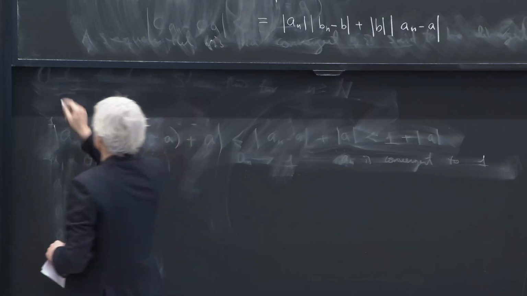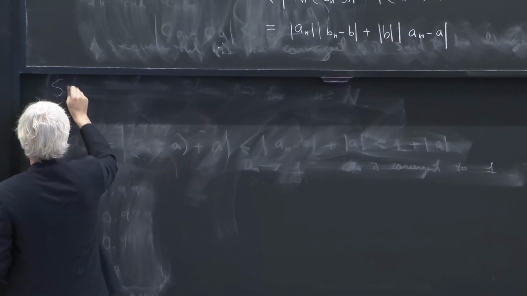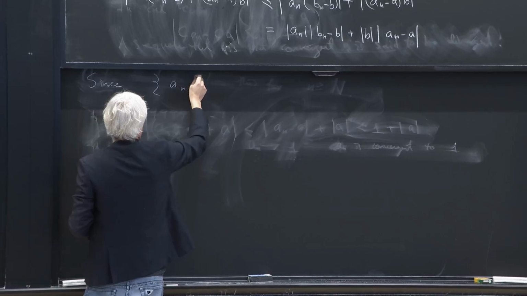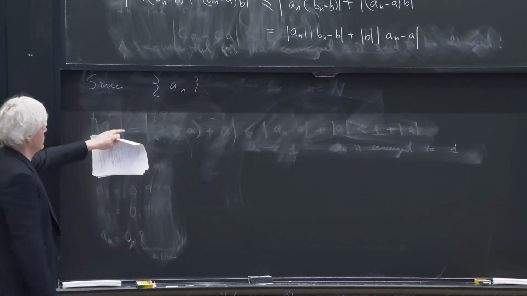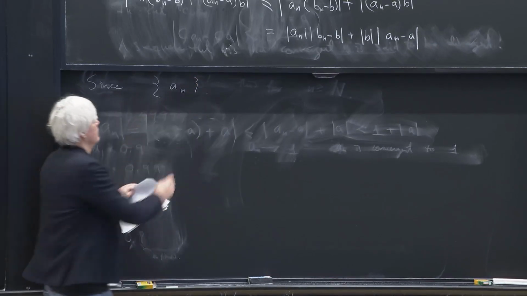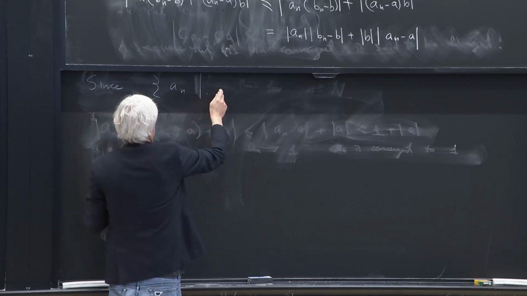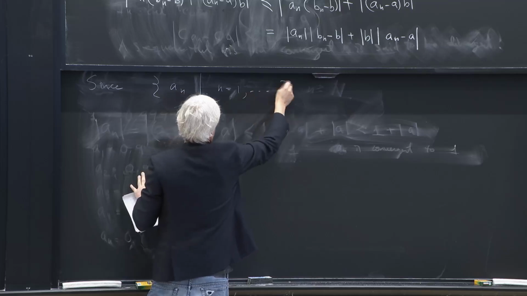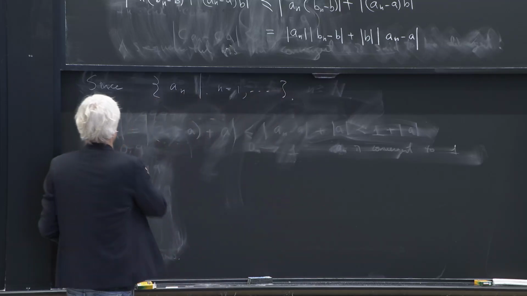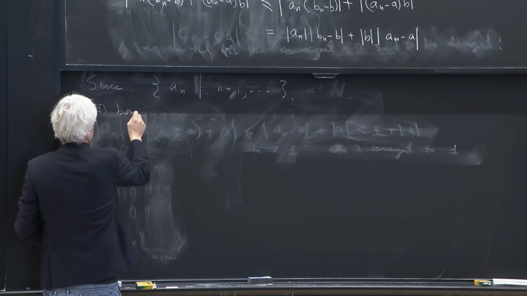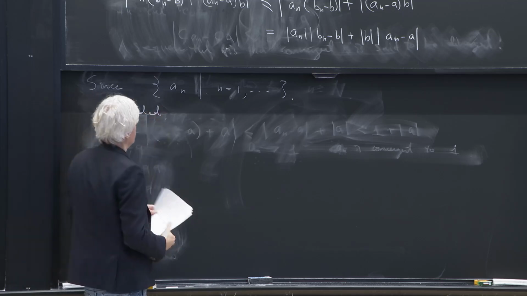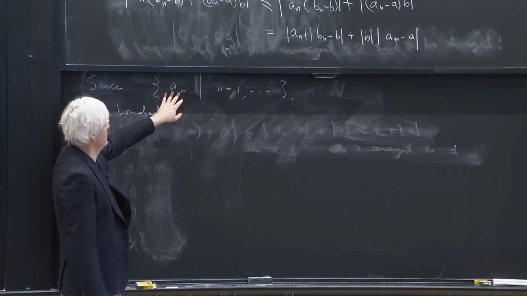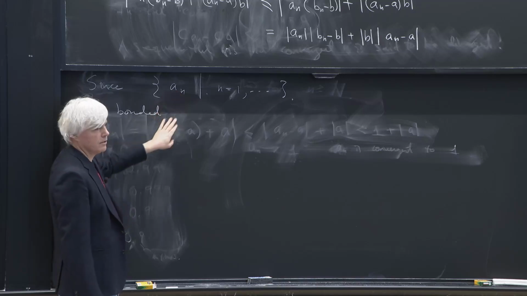Since this set of values is bounded, and it's bounded because the sequence was convergent, we already proved that the set of values is a bounded set.